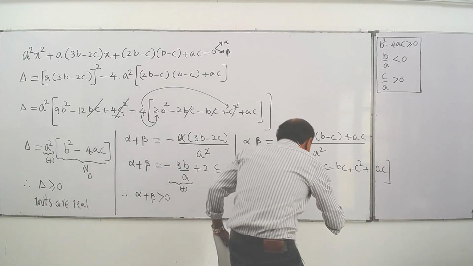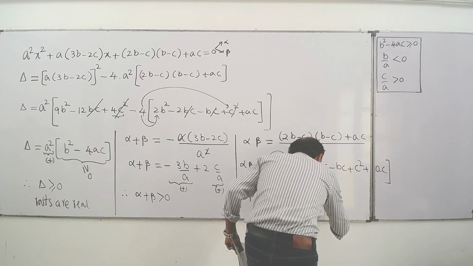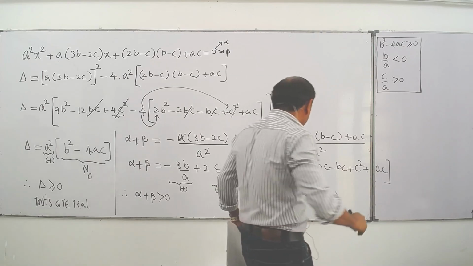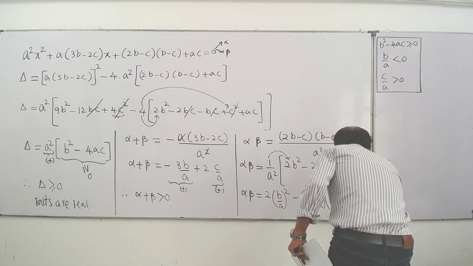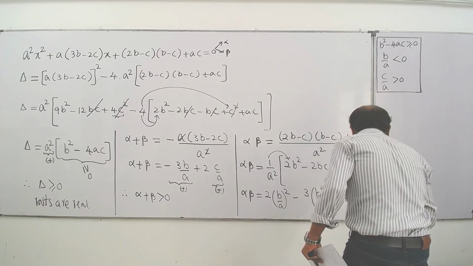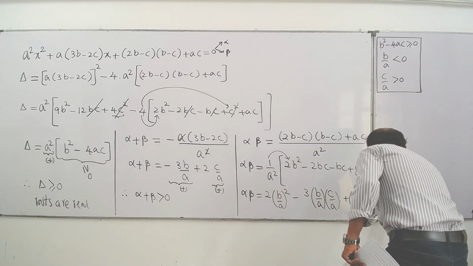That a squared I write here, a and here a, and I take it like this. C squared over a squared, this and this, c upon a, perfect square. And ac divided by a squared means c upon a. This c I can simplify.